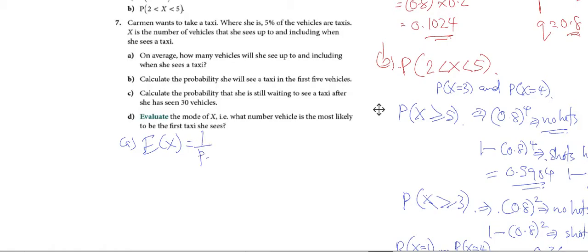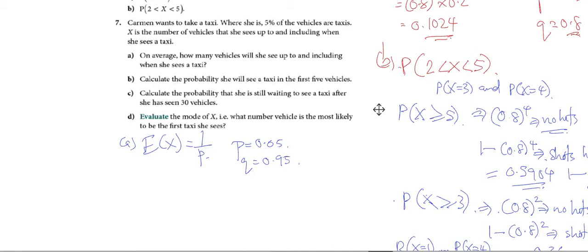So first of all, 5% are taxi. So the probability of her seeing a taxi is only 5%. So that's 5 over 100, 0.05. Not seeing is 0.95. Okay, the moment you get the value P, please write down what Q is as well, 0.95.